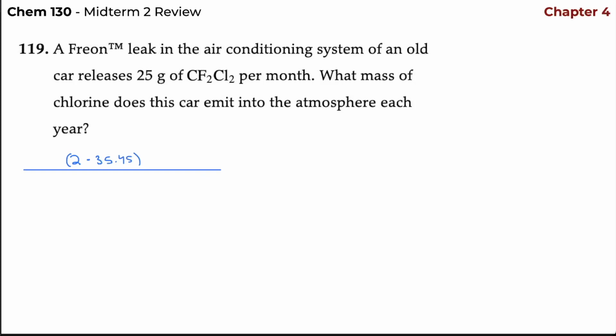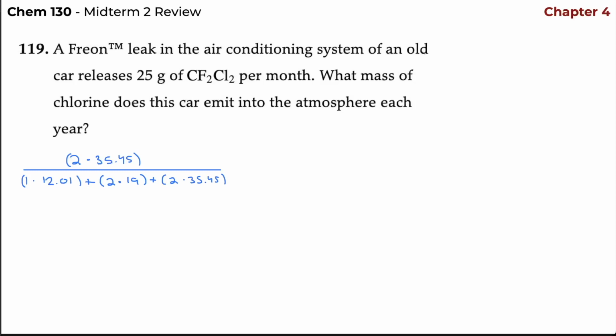Now let's put this over the mass of this total. So 1 times carbon, which is 12.01, plus 2 times fluorine, which is 19, and then 2 times what we just had, the Cl.